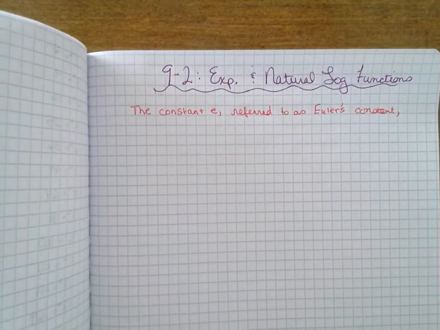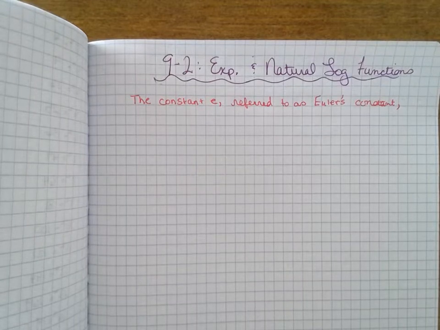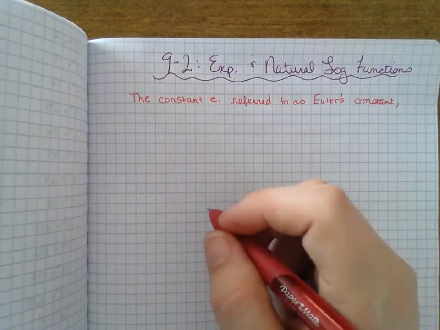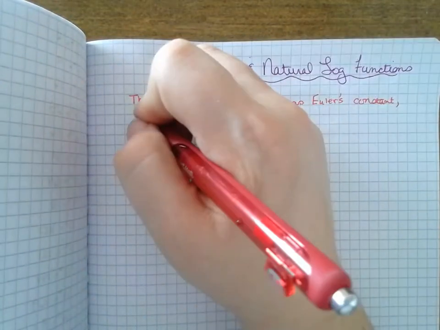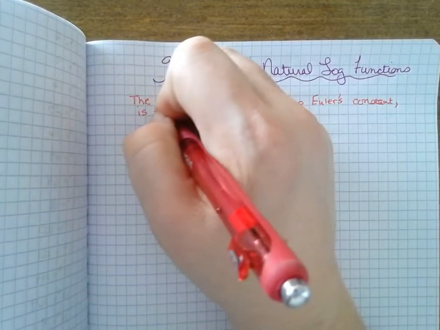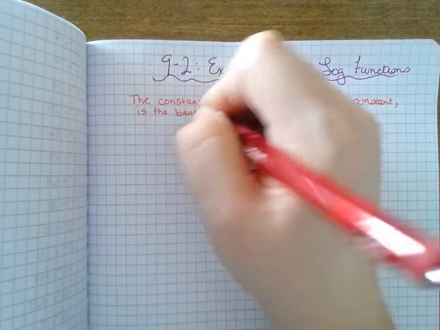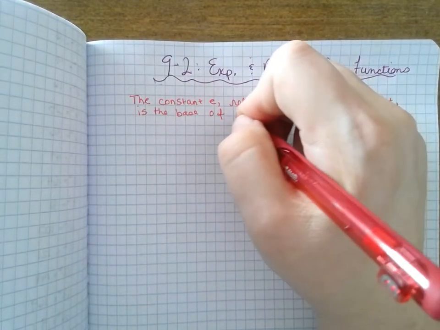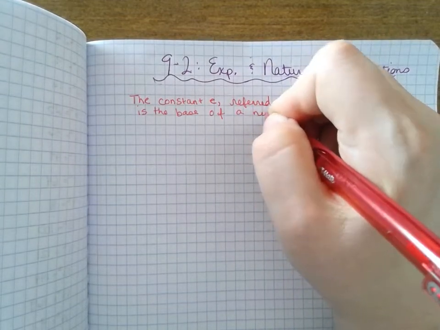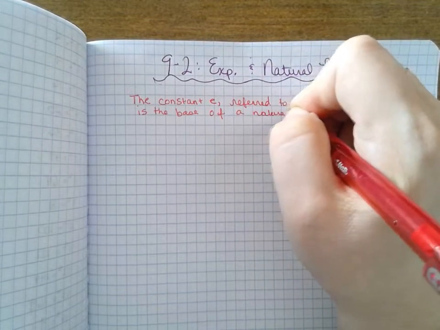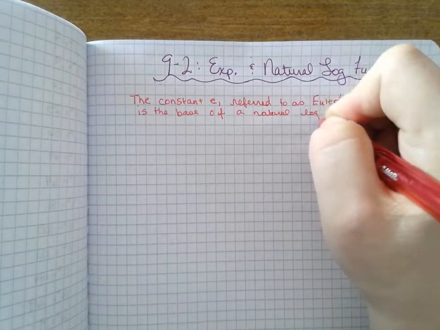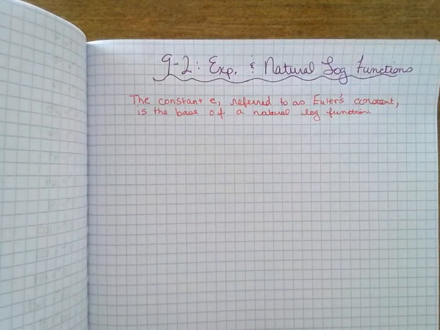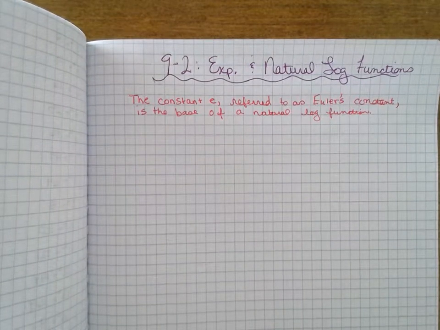It's not Euler, it's Euler. So the constant e, referred to as Euler's constant, is the base of a natural log function.